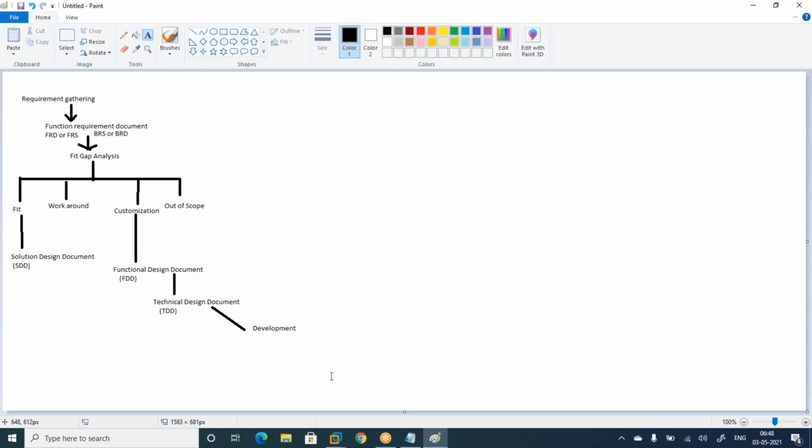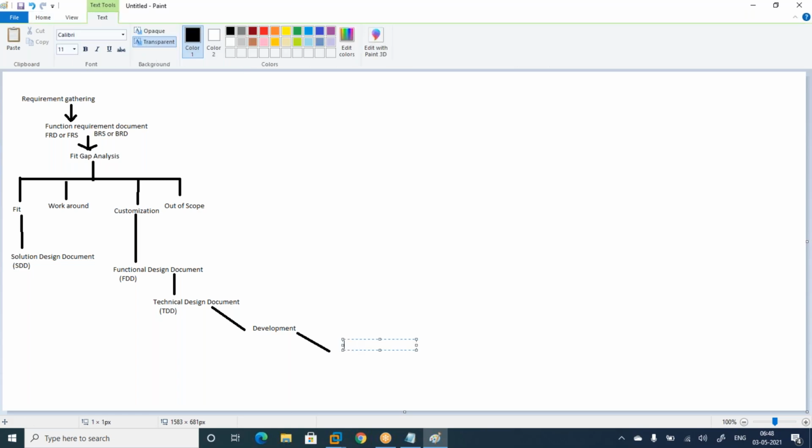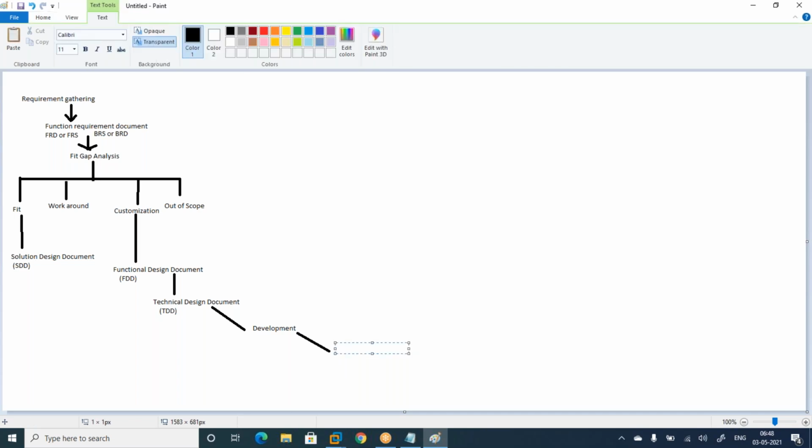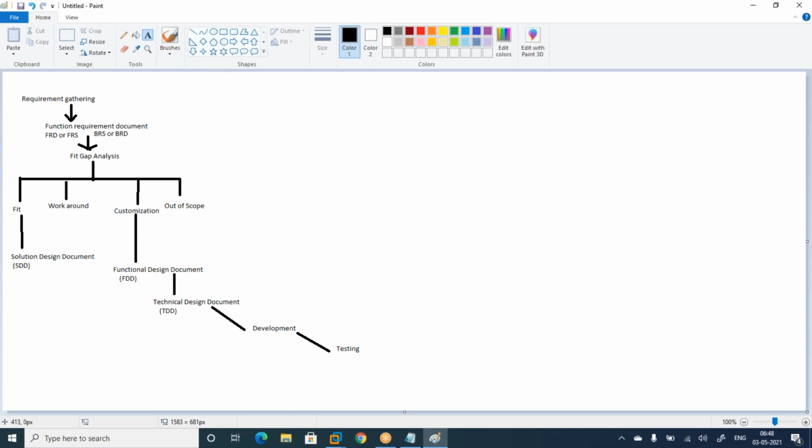Once development is done, there will be testing. Once testing is done, it will be moved in parallel.